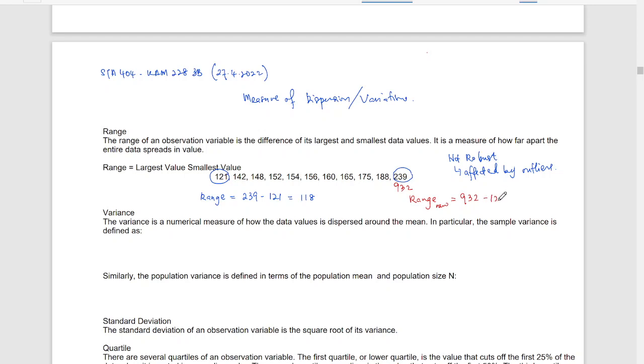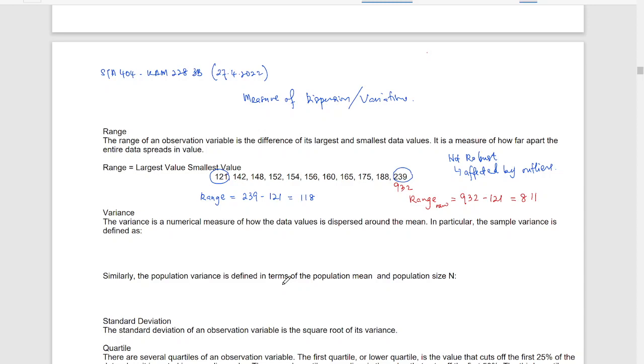So this will give you the value to be 811. Okay, instead of 118 dah jadi 811. So you can see that if you have an outlier, then it will affect your range value, and your range value will be misleading to explain the whole data set.